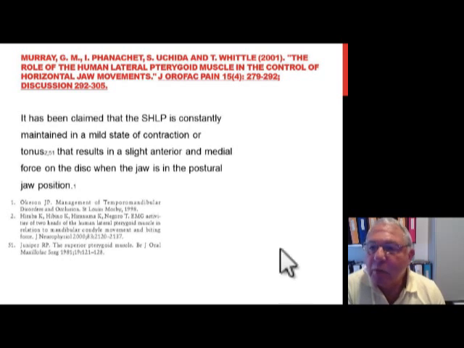And they talk about what it was thought that the superior head of the lateral pterygoid did in maintaining a mild state of contraction that can pull the disc slightly anterior and medial and cause that disc displacement. And here are some of the authors below that have espoused that particular rationale as part of their thoughts.